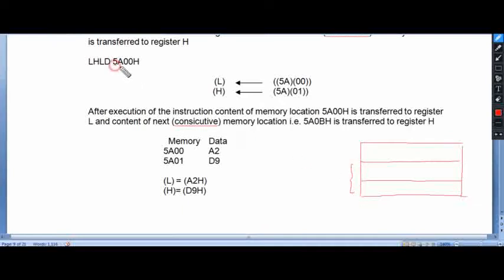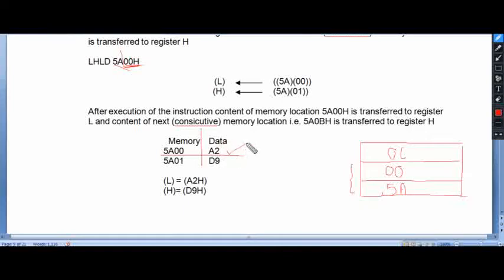From memory location 5A00 and 5A01. First is the operation code, second is 00, that is low order, and next is 5A. That means it goes to memory 5A00.